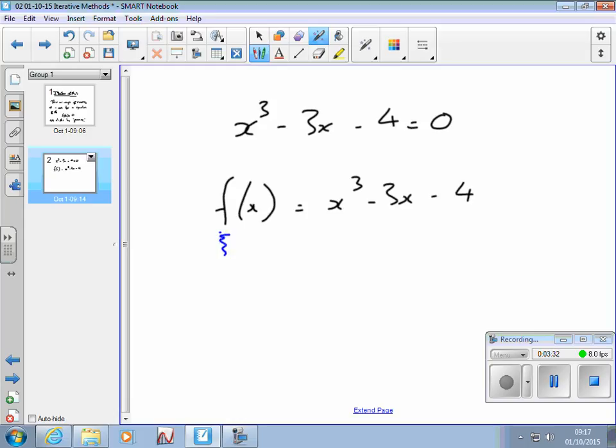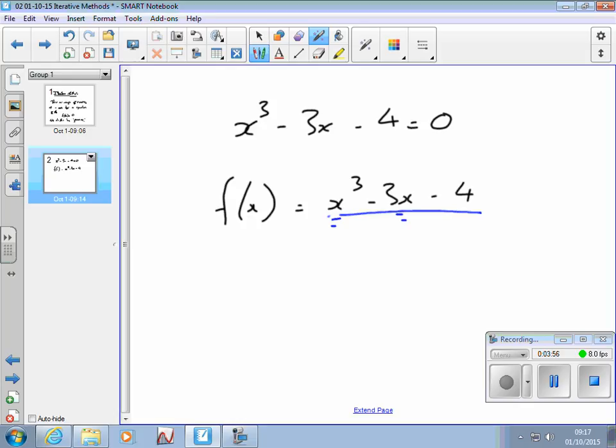It's a letter that we use to represent that function. So I could have used a letter g, for example. And what that's saying is this function, whatever it is, with this variable x, is this. So I can put in any value I want for x in here and then work out what the function is. It's like a function machine.